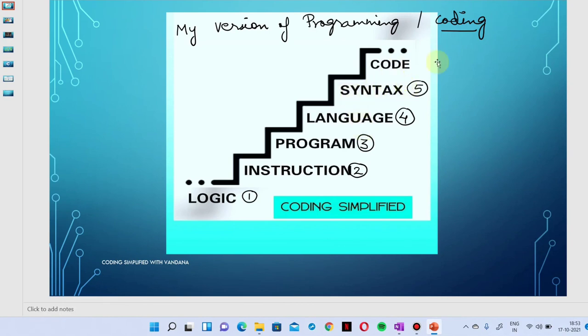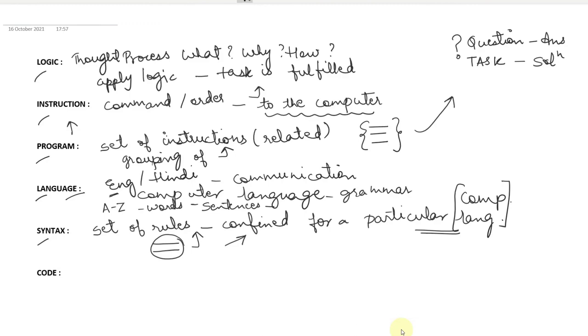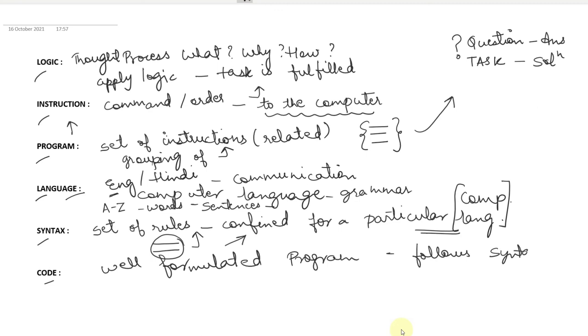And then finally we have reached the sixth part, which is code. Once this entire thing is clear, we finally reach a code. A well formulated program which follows the syntax is called a code. So this is finally what code is all about.